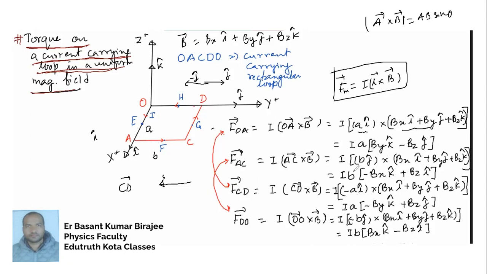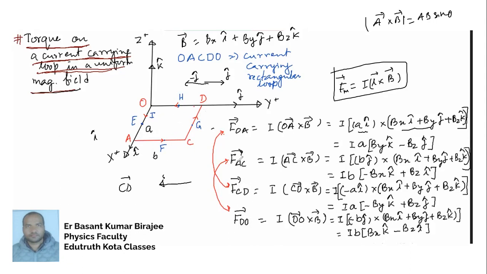We have everything the same, I A, same thing, and see this in vector quantity. This one is just the negative of this one. If you multiply by a negative here, you will get this result. So what is the meaning of this? F_CD vector is just the negative of the OA vector. This means the magnetic force on the CD arm has the same magnitude as the magnetic force on the OA arm, but the direction is opposite.